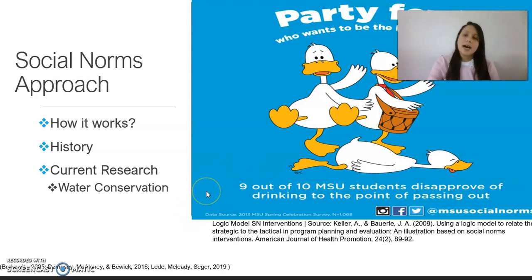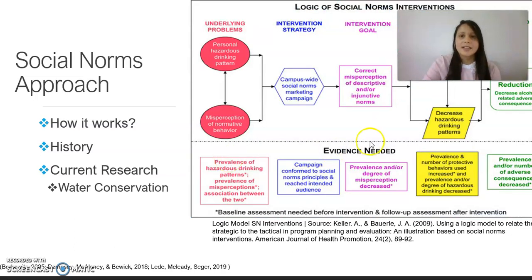You'll see here at the bottom in which data was identified where 9 out of 10 MSU students disapproved of drinking to the point of passing out. This often resulted in correcting misperceptions and what students thought their peers' alcohol and tobacco usage was. This would usually increase use of protective behaviors and decrease patterns of usage.